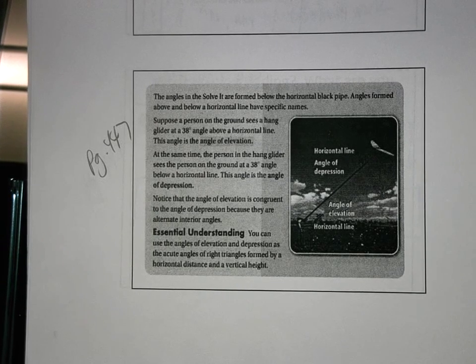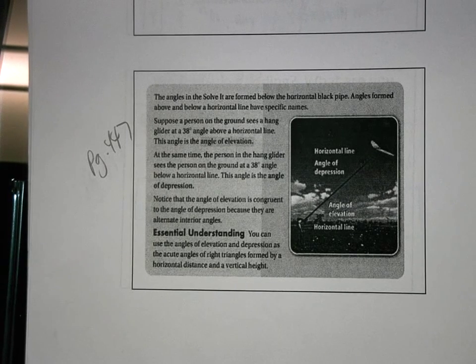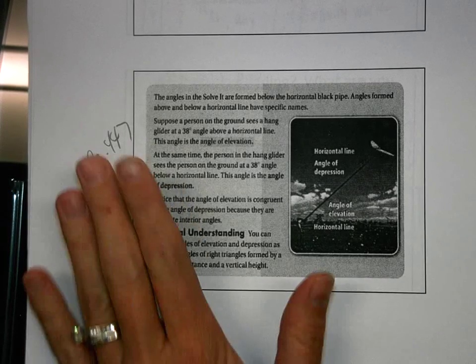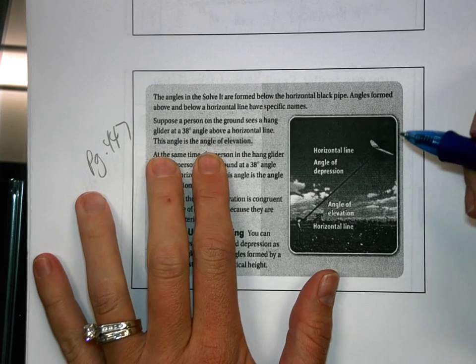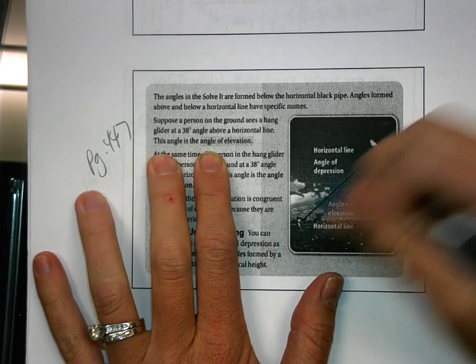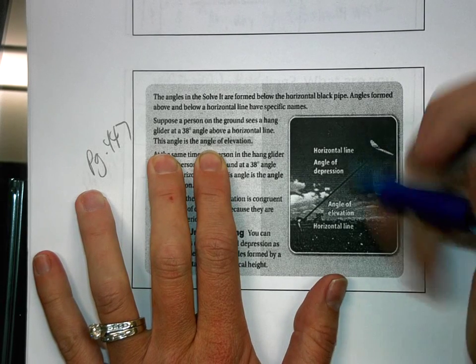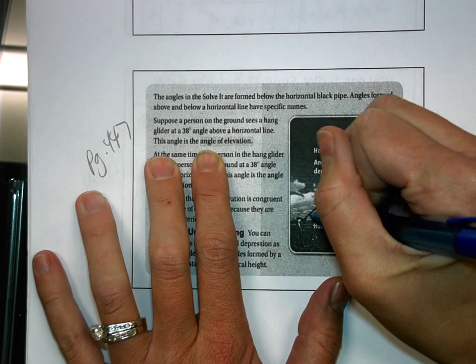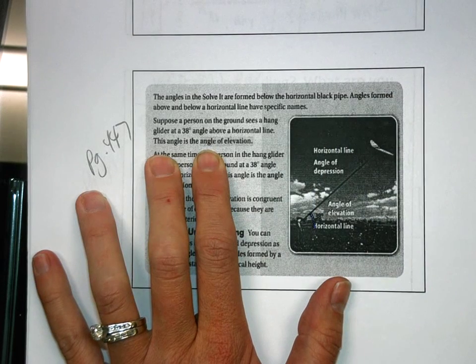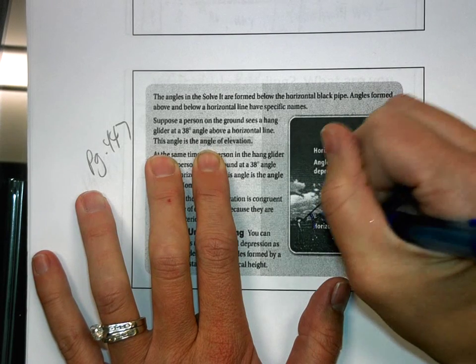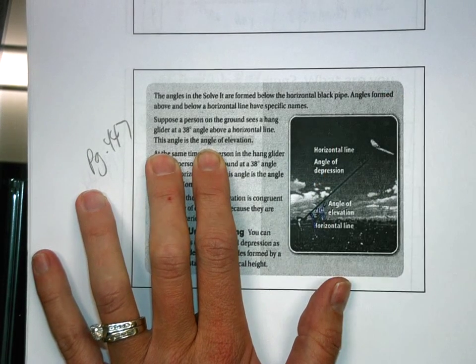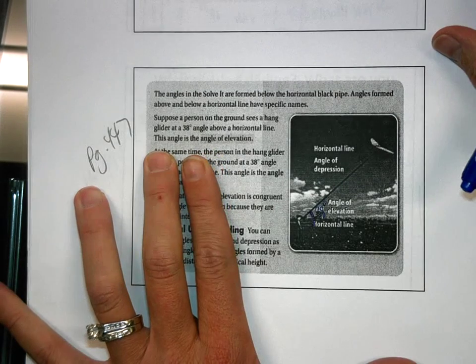Okay. Now, your picture is better than mine, but basically right here it says, suppose a person on the ground sees a hang glider at a 38-degree angle above the horizon line. So basically right here they're saying that this angle right there is 38 degrees. Okay? That is your angle of elevation.